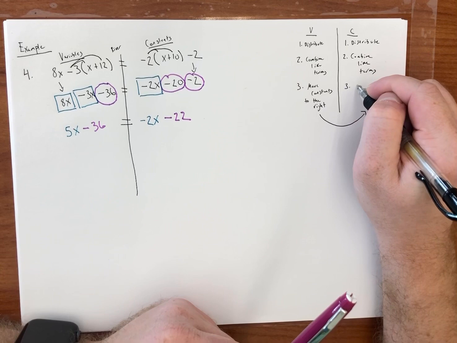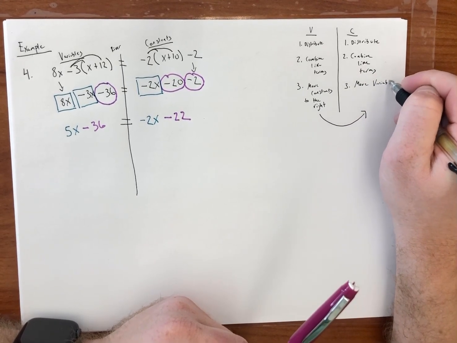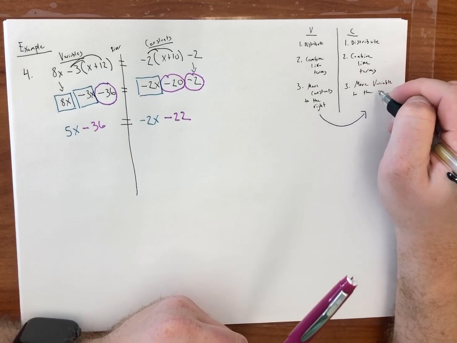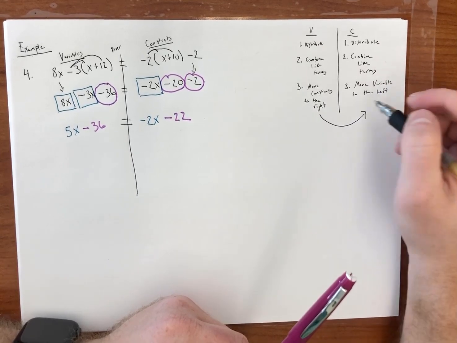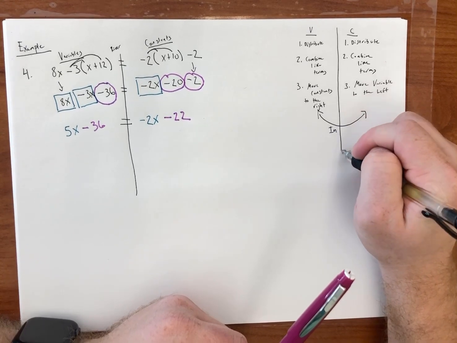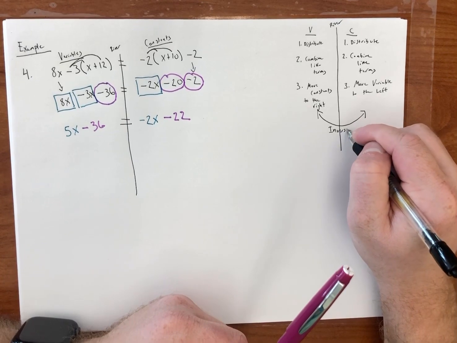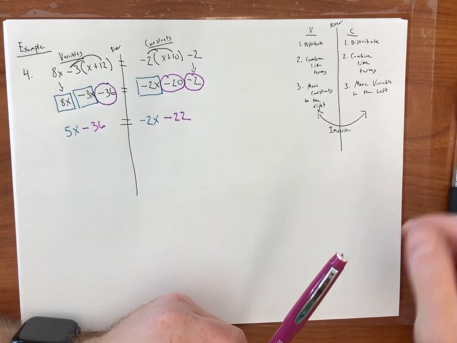So I need to move variables to the left. Okay? Remember, when we cross the river, remember this is a river, inverse operations. You have to use inverse operations.